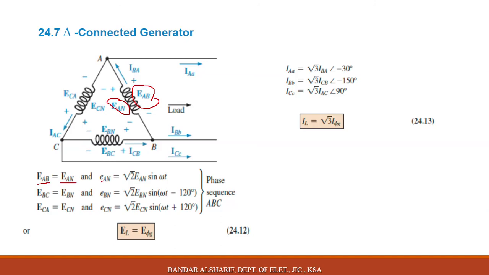angle. And if you need to write the sinusoidal expression, small letter EAN, you will multiply by root 2, multiply by the RMS magnitude value, sine omega t, because there is the ABC sequence, which is positive sequence, and ACB, which is negative sequence, as we mentioned before.